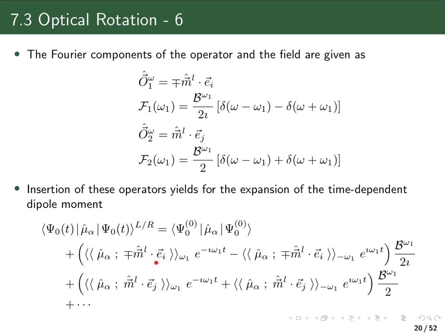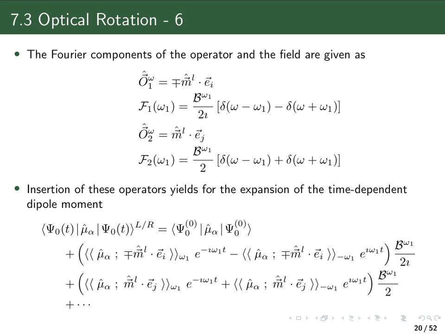The difference between this one and this response function is that this is for plus omega 1 and this is for minus omega 1. And here again, where we have the magnetic dipole moment operator in the J direction, we also have one for the positive frequency and one for the negative frequency.